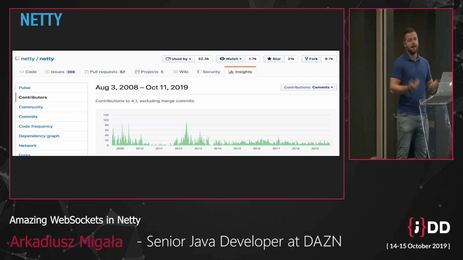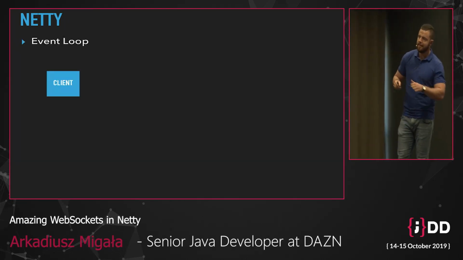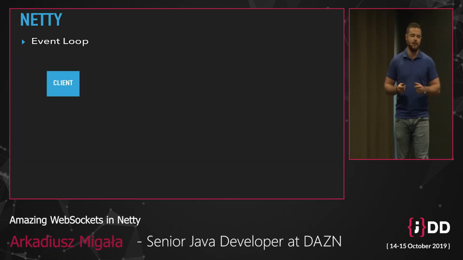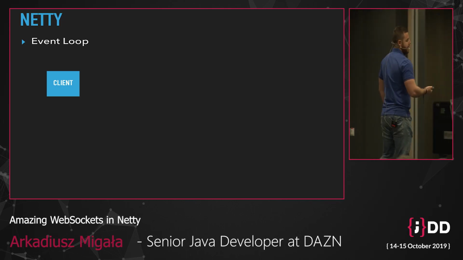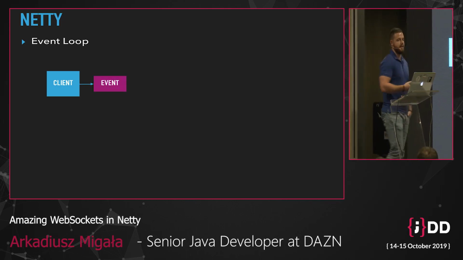event-driven framework, and these events are handled by an event loop. So let's talk a little about event loops. If we have a client which is sending a request, this request is translated into an event.